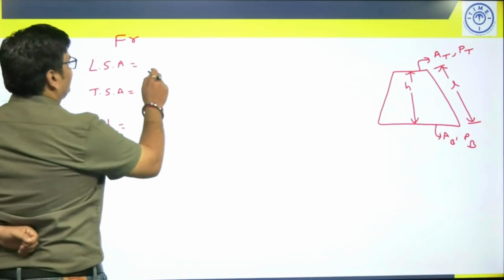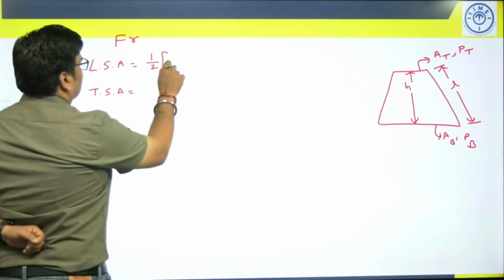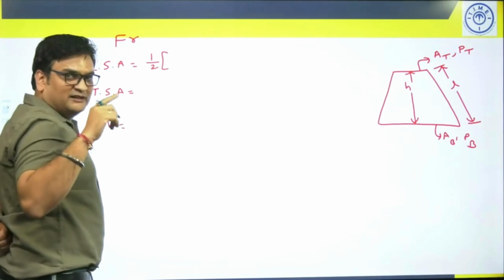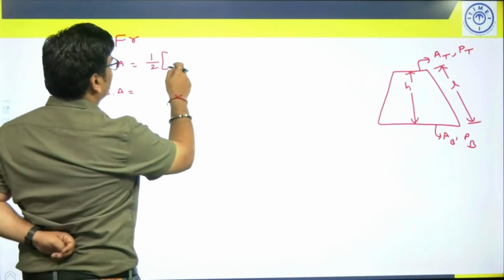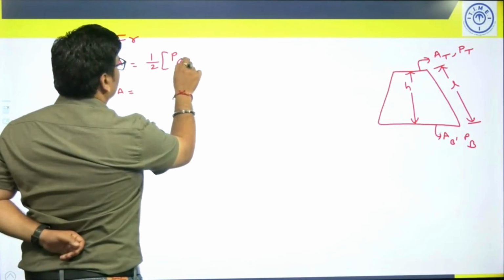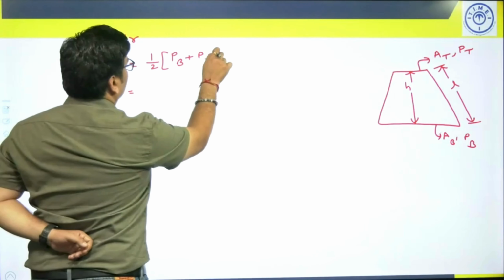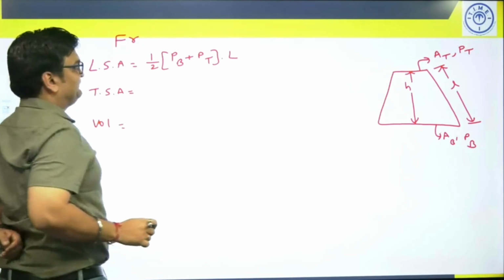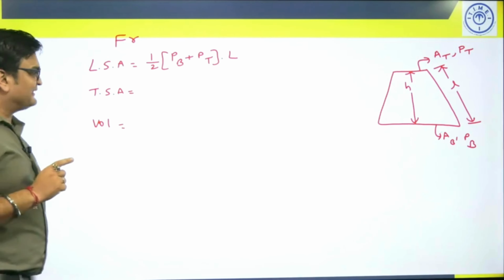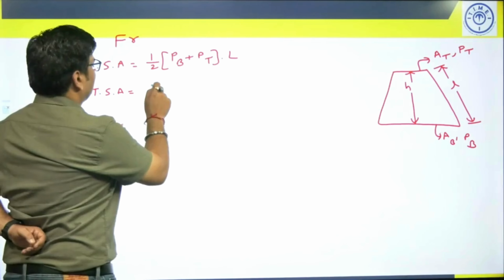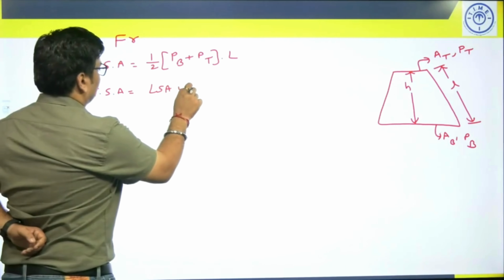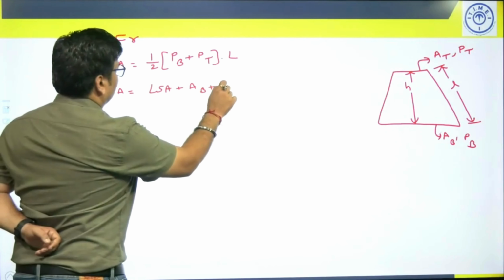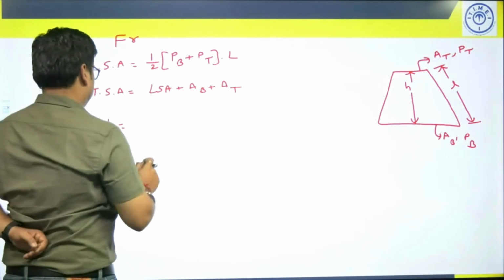Lateral surface area will be given as half, just like your cone formula, half into perimeter of the base. Here also half into perimeter of the base plus perimeter of the top into slant height. Here also you will get slant height. Total surface area is LSA plus area of the base plus area of the top, which will be different.